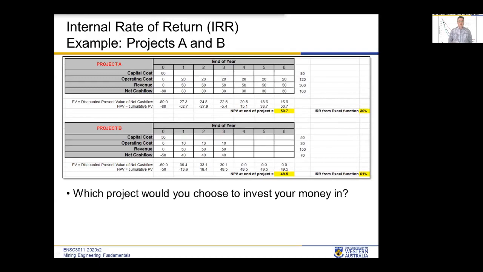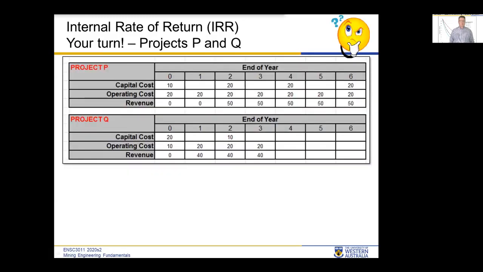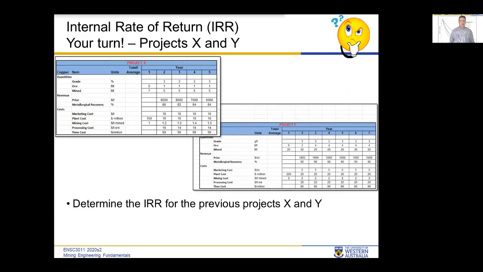So now we've got another parameter, IRR, which is much healthier for project B. So project B, although it has less net present value, we're achieving that in a short time frame, so that's maybe a better use of our money. And maybe go back to project P and Q and determine the IRR for those and for Y and X.